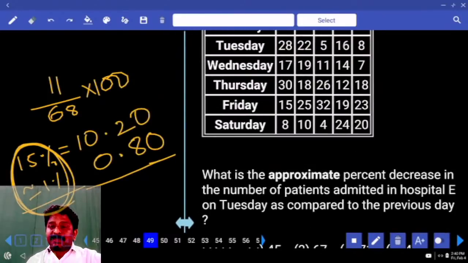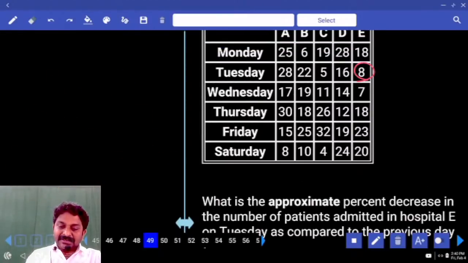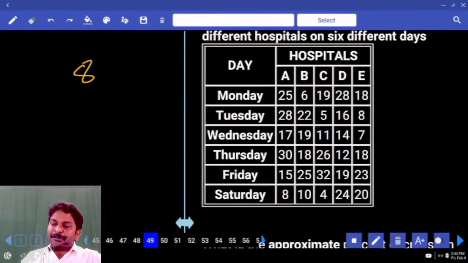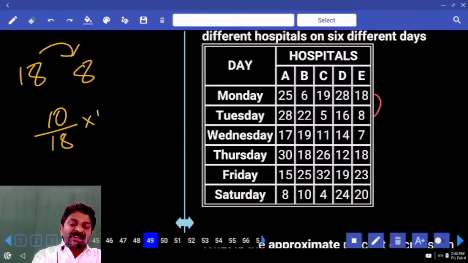What is the approximate percent decrease in the number of patients admitted in hospital E on Tuesday as compared to the previous day? E on Tuesday, 8, as compared to the previous day. Previous day it was 18. If 18 becomes 8, how much decrease here? With respect to percentage, cancellation with 2, 5 by 9.